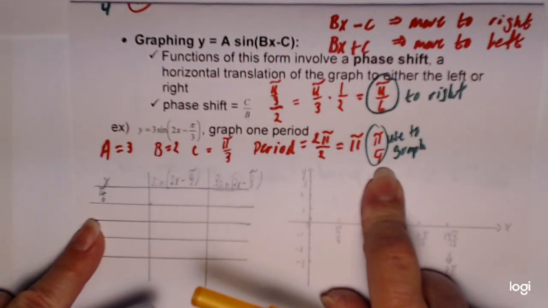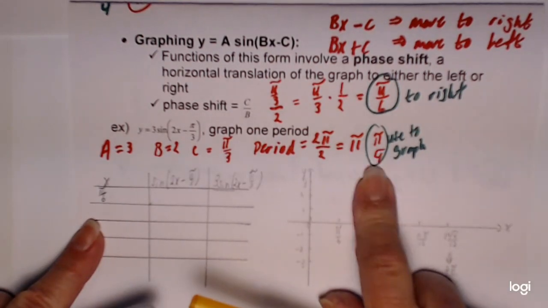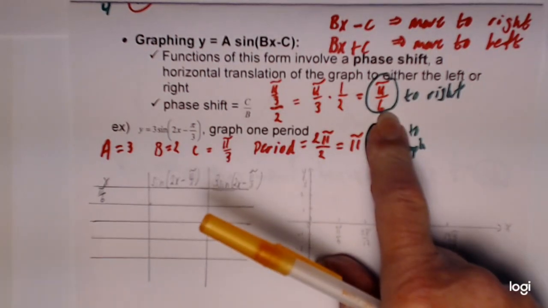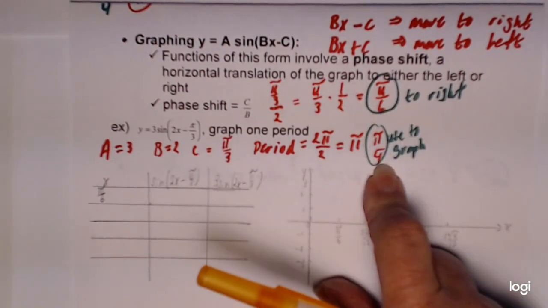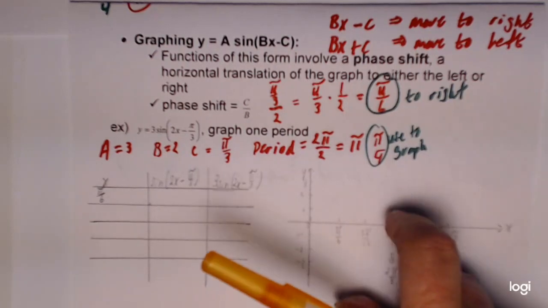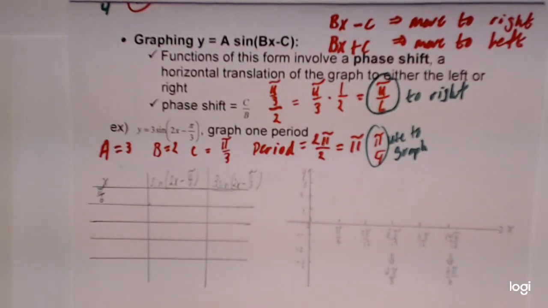But here's what I'm going to suggest. Because we have to be adding pi over 4 as our increments, and we're looking at a pi over 6, looking at these denominators 6 and 4, let's create equivalent fractions with the same denominator to make our life easier in terms of adding these things. So 6 and 4, the common denominator is going to be 12.